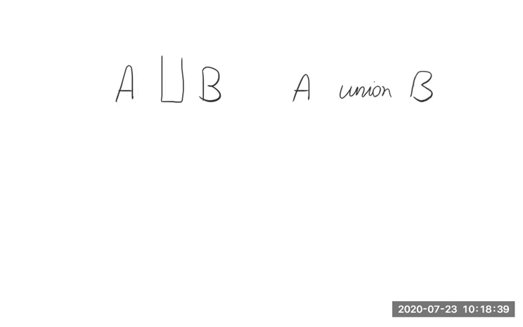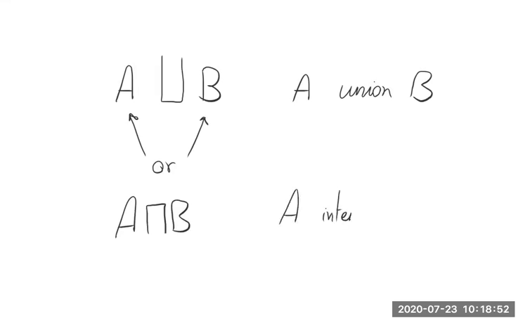If you have two sets, A and B, we read it as A union B. It means if something is here, it's either here or here. This other symbol, we read it as A intersection B.